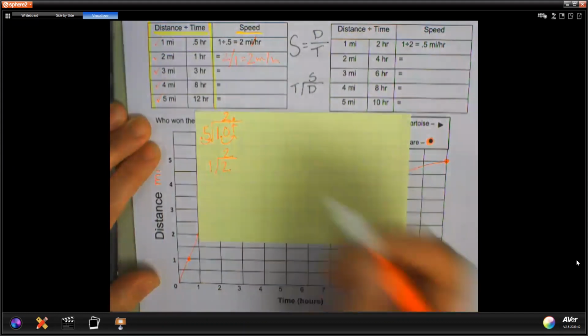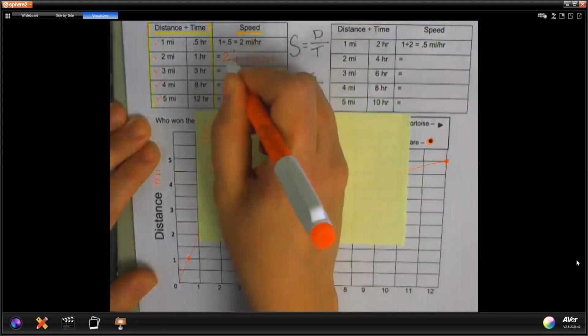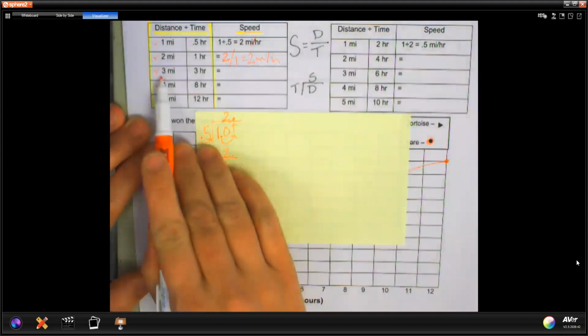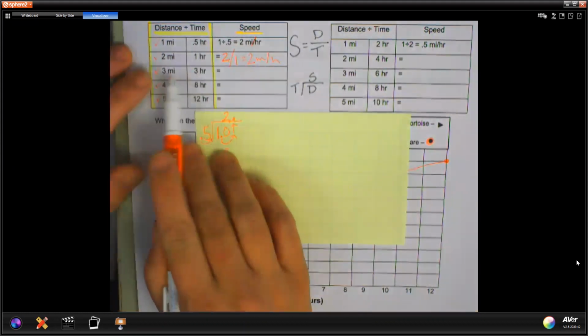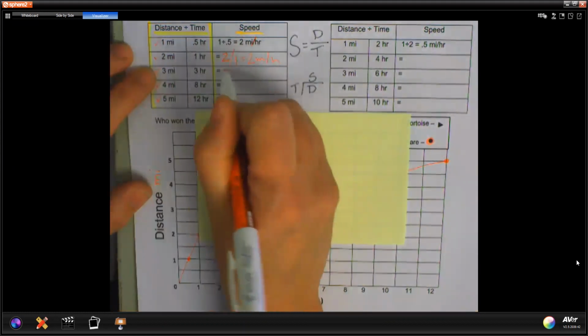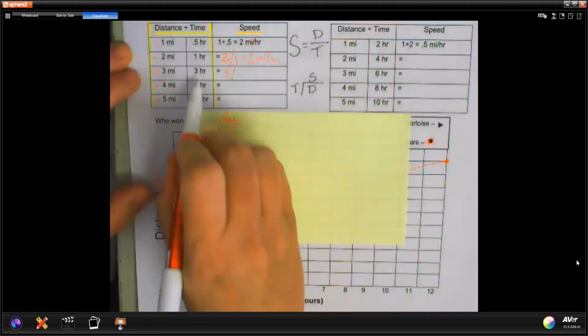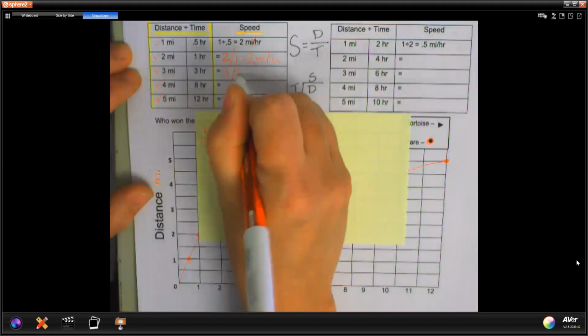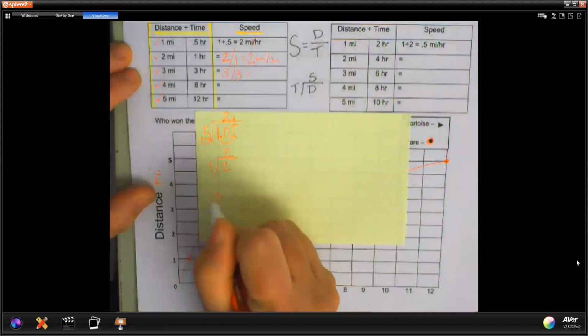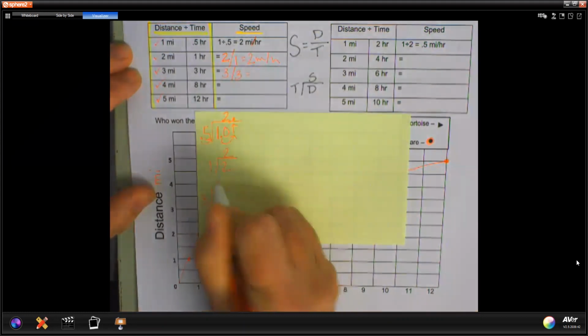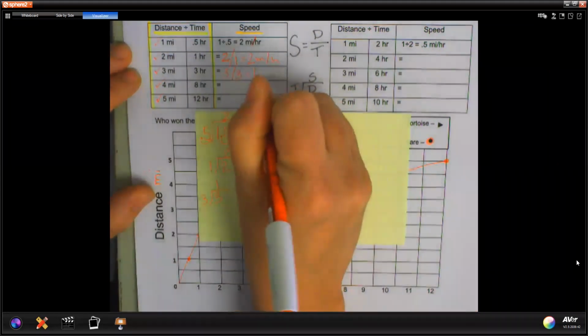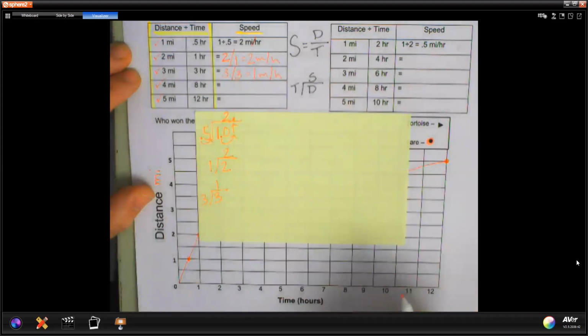Okay. So our next one, distance divided by time. Our distance is 3 miles. Our time is 3 hours. When we divide this, again, this should be an easy one. We get 1 mile per hour.